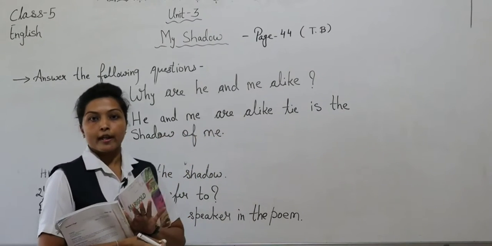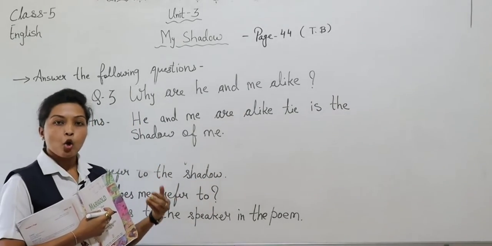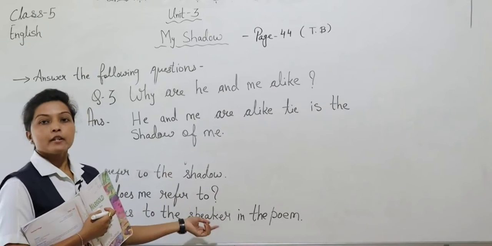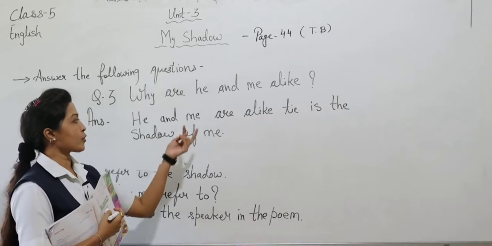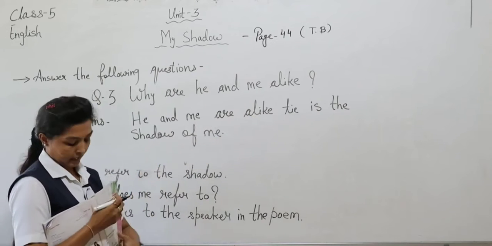As we know, he is the shadow. So the shadow is a copy of me, that person who speaks the poem. So that is why they are alike: he is the shadow of me.